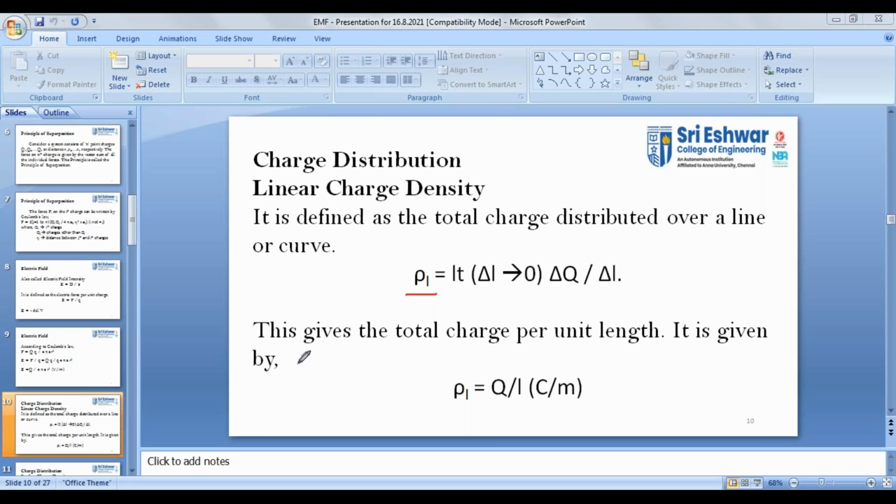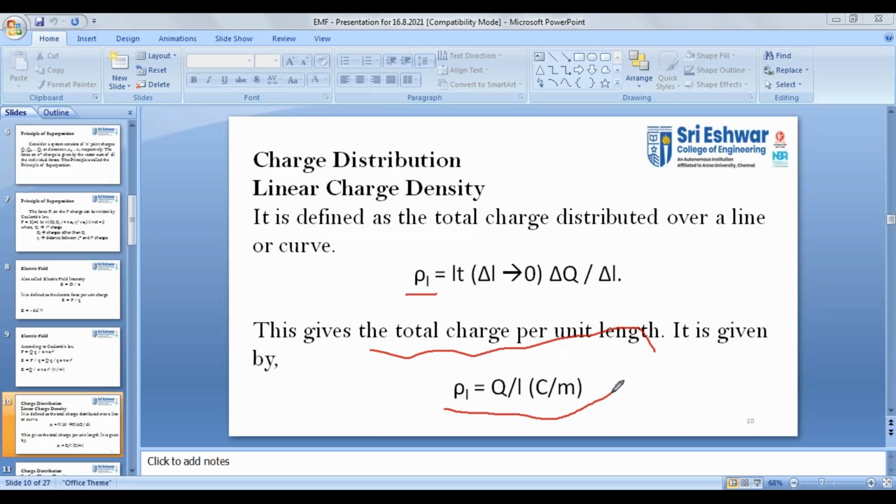At the bottom portion you can see this gives the total charge per unit length, and it is given by rho L equal to Q by L. This is the point we have to remember for linear charge density.